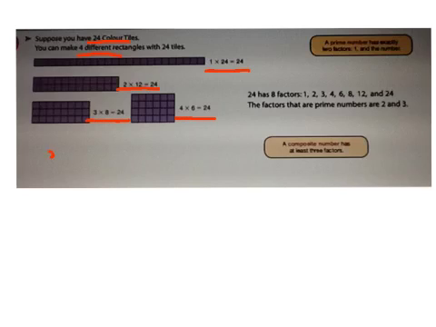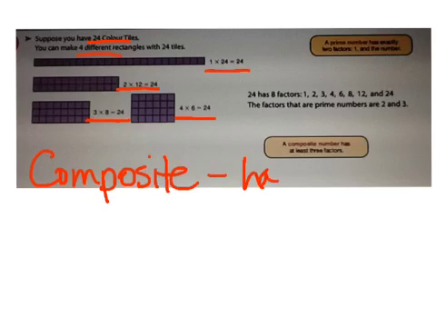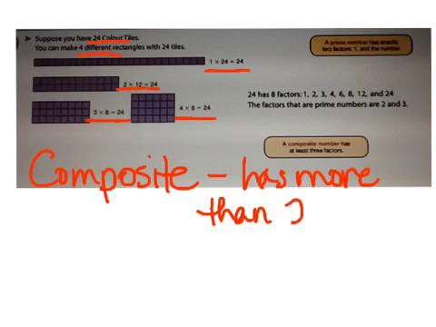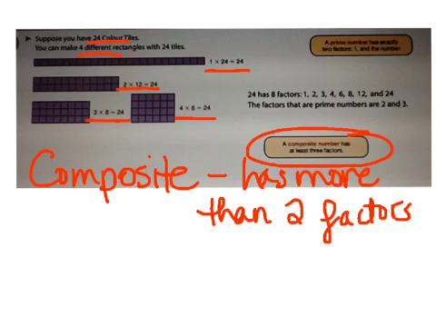That makes this a composite number because it has more than 2 factors, or it has at least 3 factors. The factors of 24 are 1 and 24, if we were to make it a factor rainbow, 2 and 12, 3 and 8, and 4 and 6.